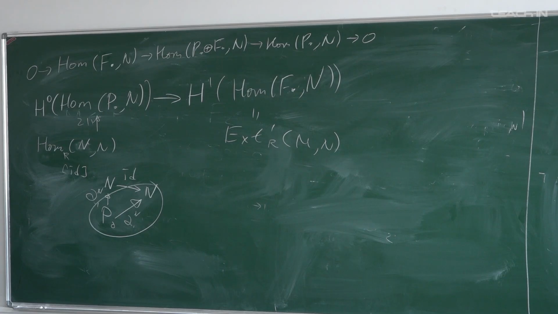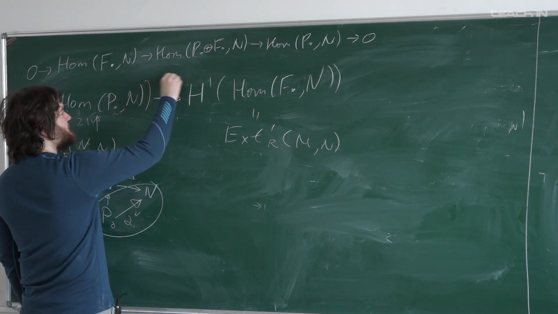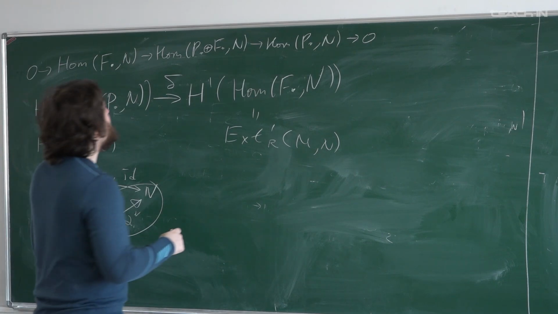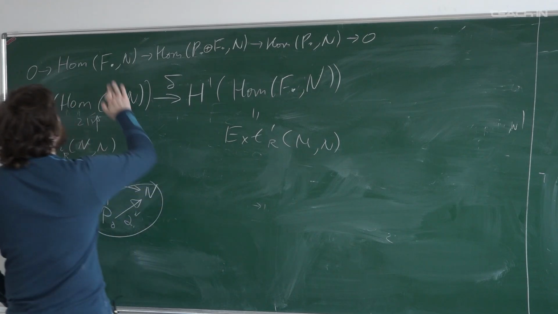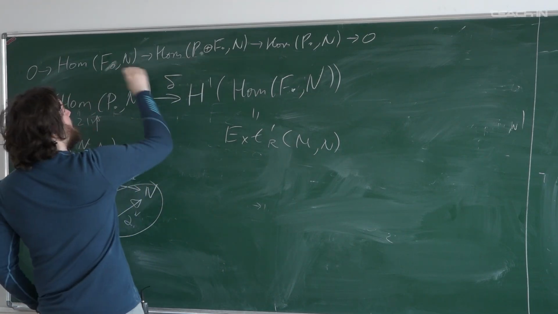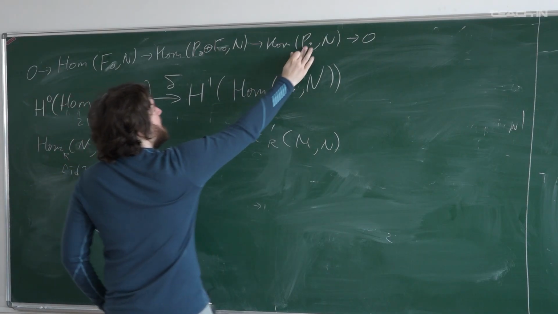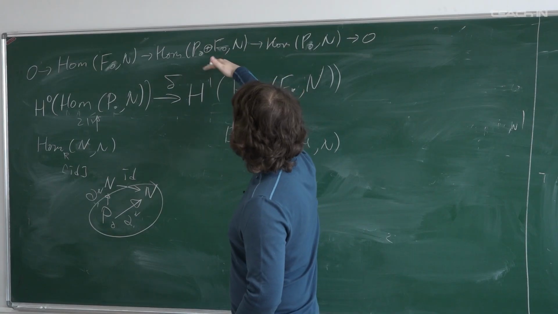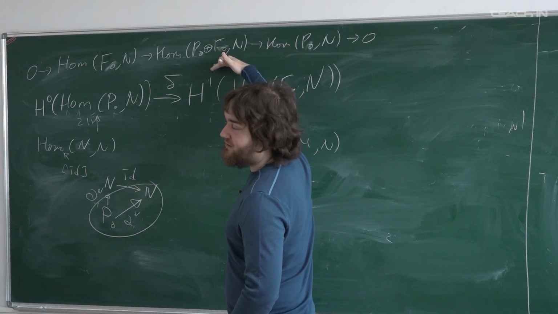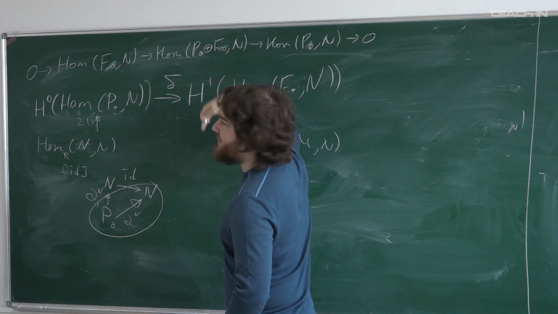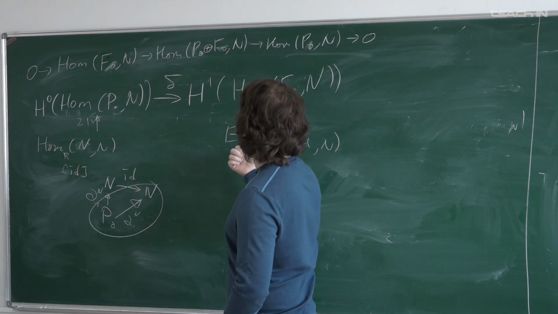Okay. And now what is the boundary map? Now how does it work in general? I have an element from here, a cycle. It's a surjection, so I have some preimage, and then I just need to consider the boundary of this preimage, and this will be an element here.